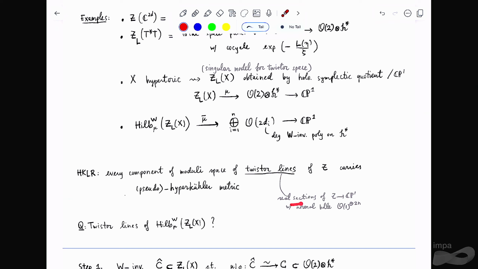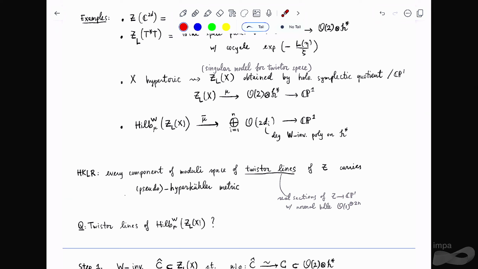These are real sections of the projection to CP1, so they are equivariant with respect to the real structure, and they are twistor lines if the normal bundle of this section is this specific vector bundle. Saying that the normal bundle is this is precisely what you need to say that locally this moduli space is a smooth complex manifold of dimension 2n.